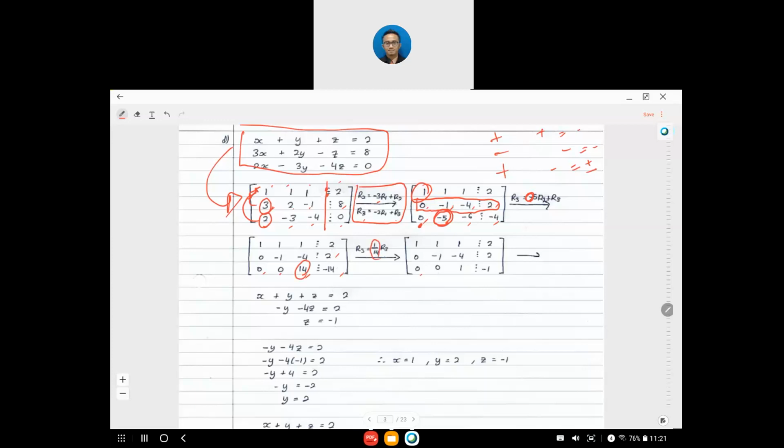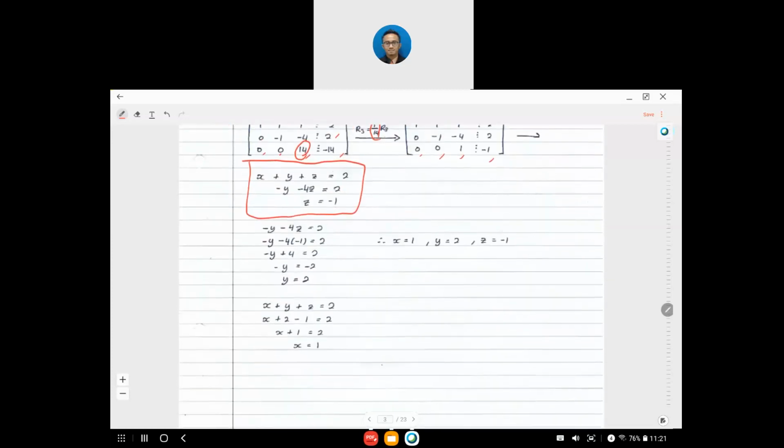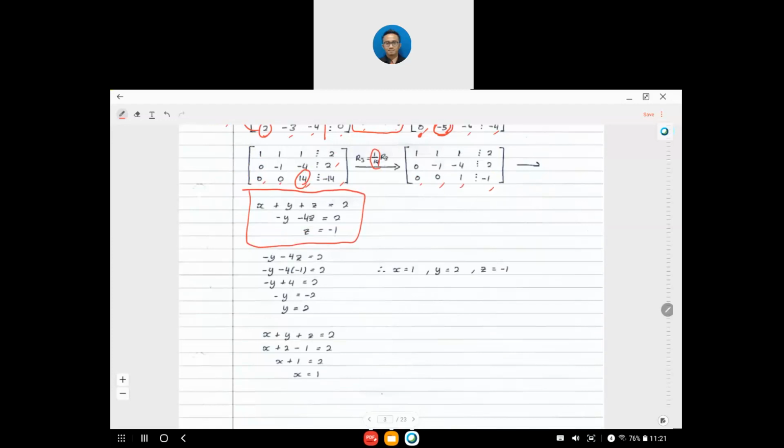So you can get 0, 0, 1, -1. And then write in terms of linear equations. So you can get x plus y plus z equal to 2, -y minus 4z equal to 2, and then z equal to -1.